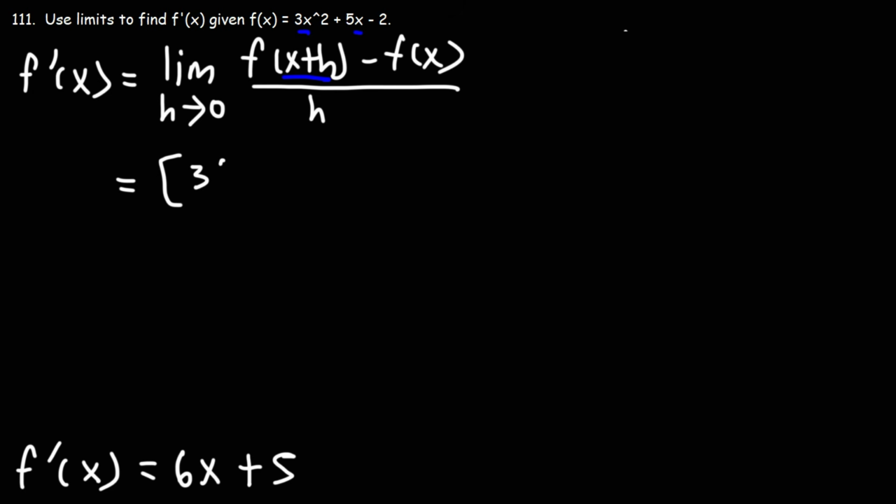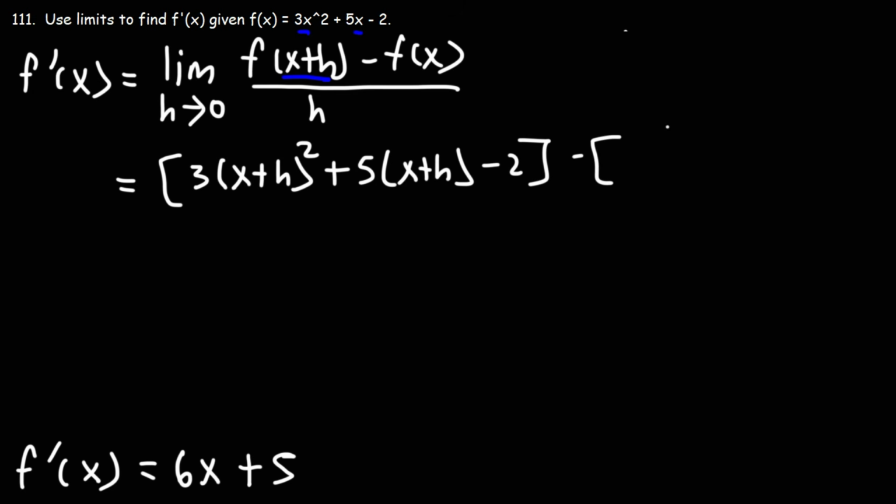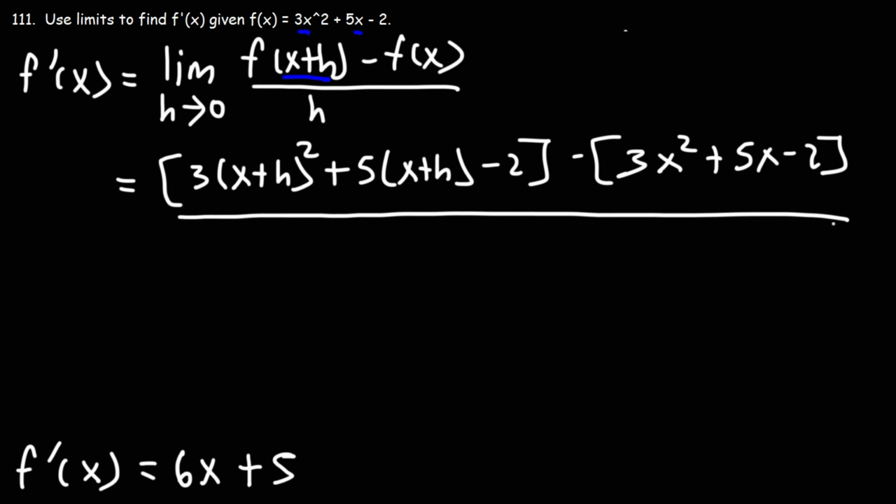So this is going to be 3 times x plus h squared plus 5 times x plus h minus 2. And then we have minus f of x. So we're just going to write f of x the way it is. This is going to be all divided by h. And let's not forget to rewrite the limit as h approaches 0.